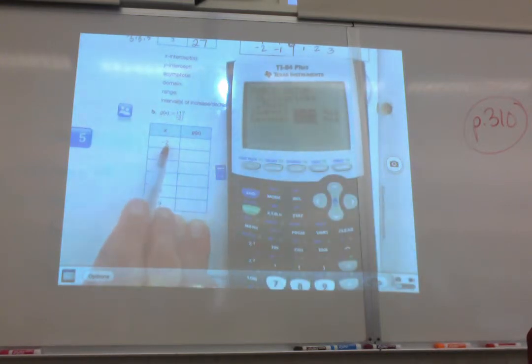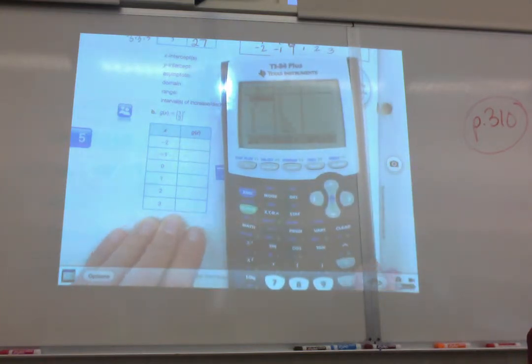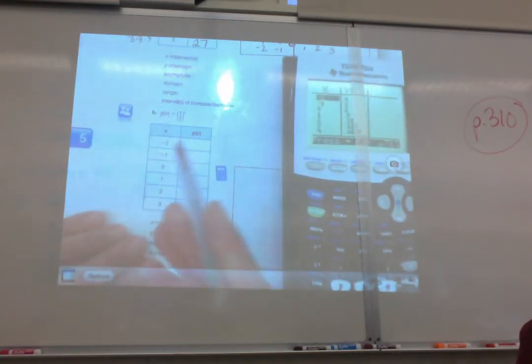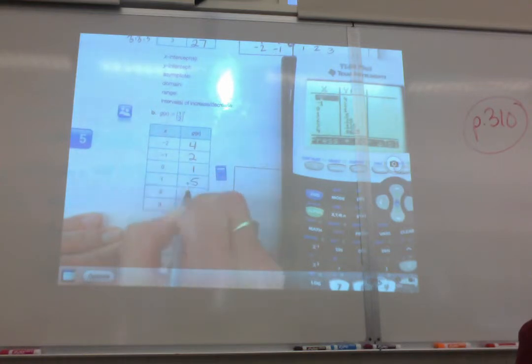I need it to start at -2 for the smallest value, and I want it to go up by 1s. Second table, there's my values. Scoop that off. Can I write these in? 4, 2, 1, 0.5.